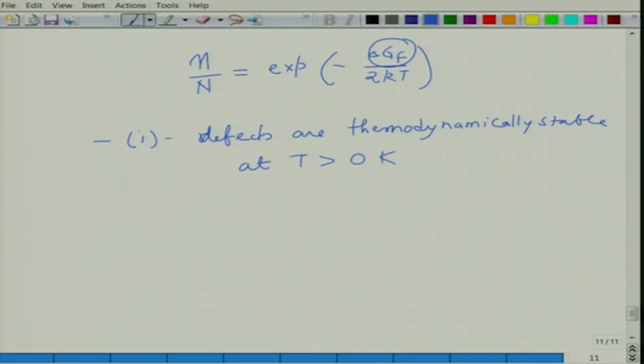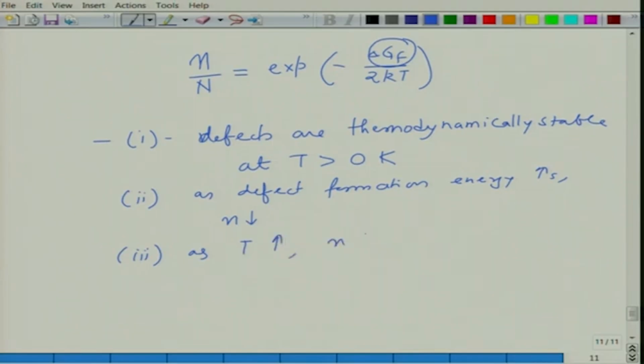Two, as defect formation energy goes up, the small n will decrease, which means the stronger the defect, the more energy you require to form the defects, the lower the number is, which makes sense. And third, as temperature increases, n increases, and this happens in an exponential manner.